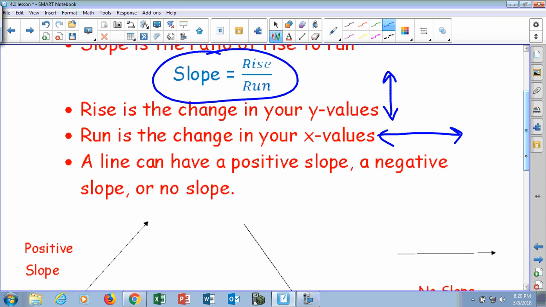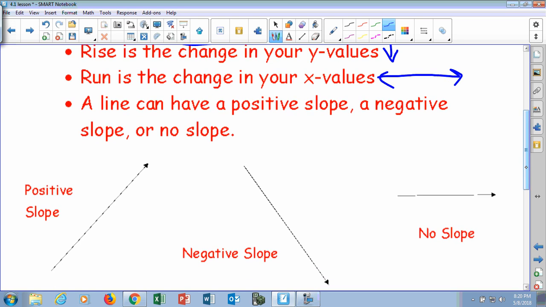So a line could have a positive slope. And a positive slope looks like this because it goes upwards and then across. Where a negative slope, okay, you could have a negative slope because the rise could also go downwards, being negative, and then right.